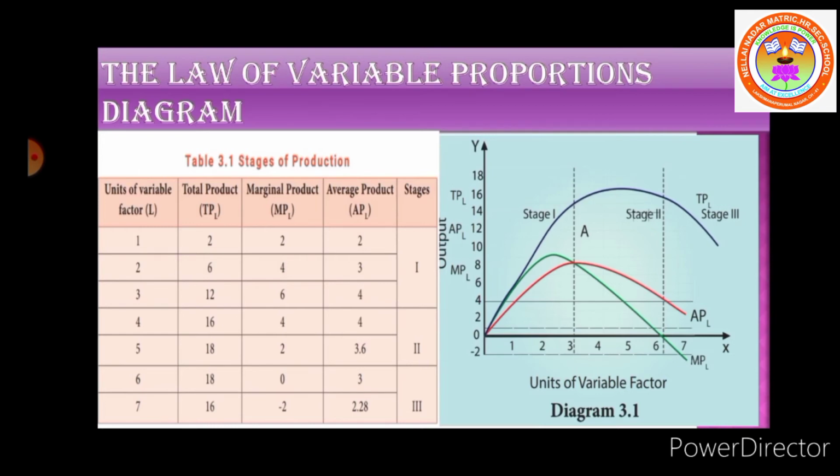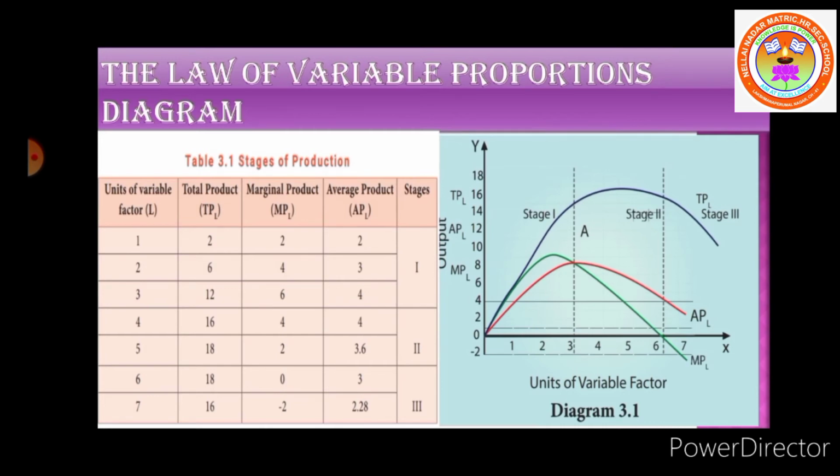In this example, the land is the fixed factor and labor is the variable factor. The table shows the different amounts of output when you apply different units of labor. The units of variable factor are 1, 2, 3, 4, 5, 6, 7.